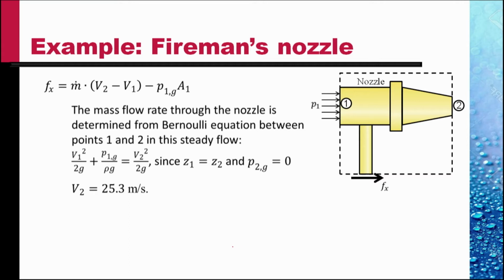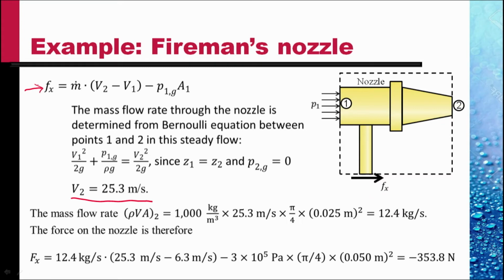Using this information, we get the velocity at the exit to be 25.3 meters per second. Once we know V2, we can calculate V1 and plug it in the equation on top, and we get a result that the force is minus 353.8 Newton.